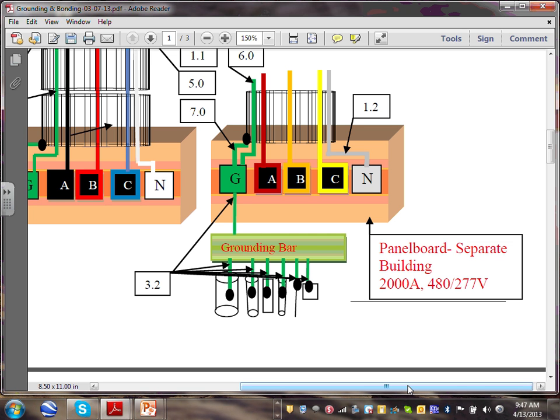There are exceptions when you go to the second building where they allow you to have 4 conductors in a 3-phase system, and you bond the neutral to the ground, only for existing buildings, only where there is nothing metallic between building A and building B. So I don't even mention it. The rule is 5 conductors in a PVC conduit if you're going underground, or if you're having a cable, it's going to be 5 conductors in 1 cable, counting the equipment grounding conductor. Does that make sense, guys?